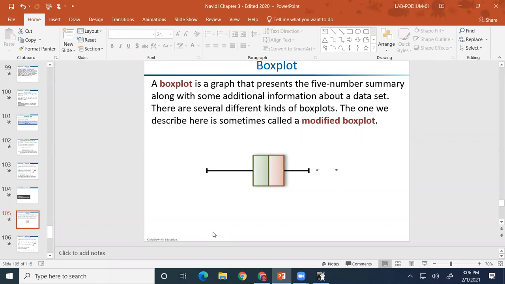You've got a real nice little tool to do this. So these are the highest value that's not an outlier and the lowest value that's not an outlier. And any values in the data set that are considered outliers are still there, they're just marked as a star.